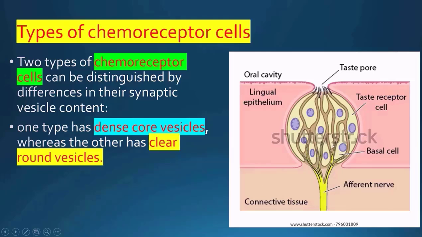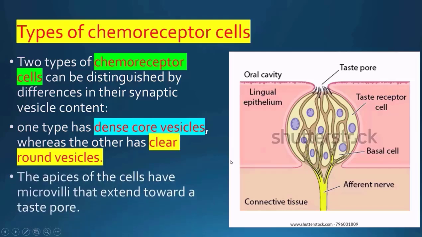In this you can see that the vesicles are dense, and in the other they are clear and round. The apices of the cells have microvilli that extend towards a taste pore. Here you can see that these are the microvilli, which extend to a depression called the taste pore.